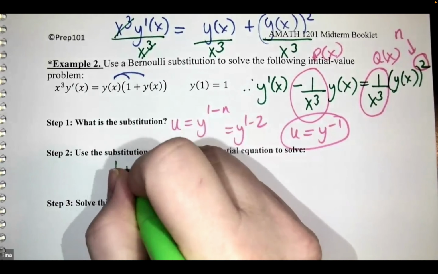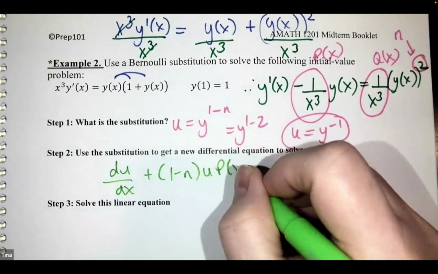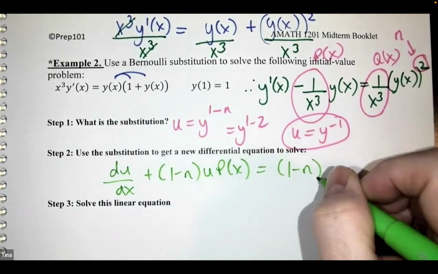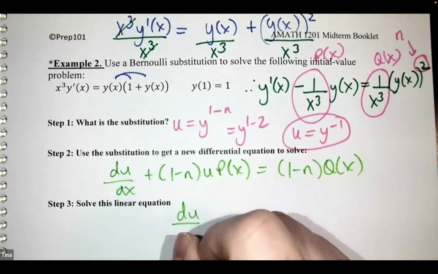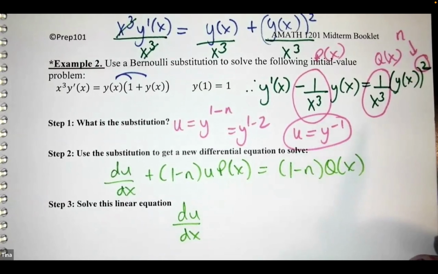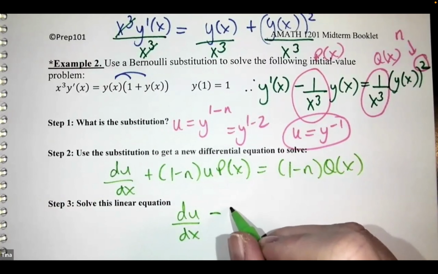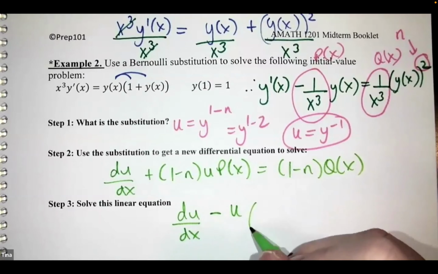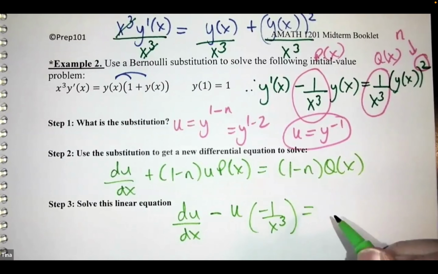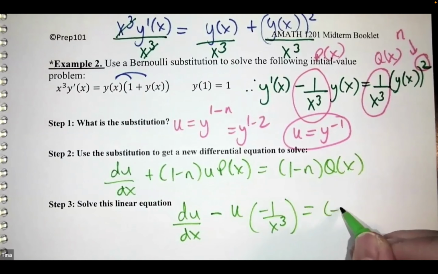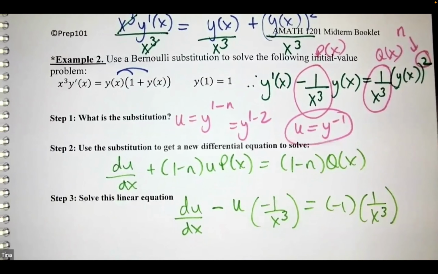Okay, so the formula is du by dx plus (1 minus n) p of x times u equals (1 minus n) q of x. So we get du by dx, 1 minus n is 1 minus 2, so that's just negative 1, times p of x, which is negative 1 over x cubed, equals 1 minus 2, which is negative 1, times q, which is 1 over x cubed.